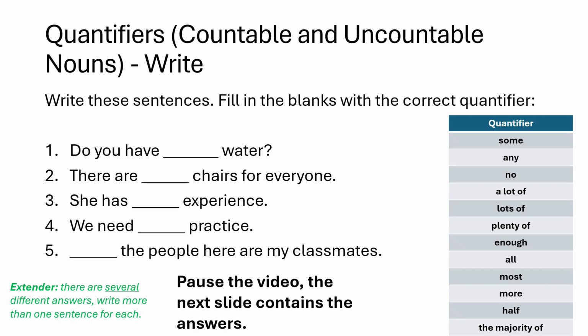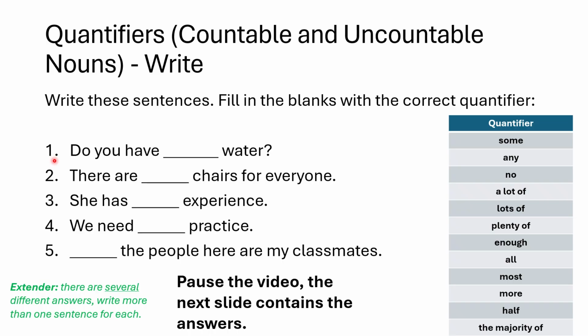Write these sentences. Fill in the blanks with the correct quantifier. Your quantifier options are some, any, no, a lot of, lots of, plenty of, enough, all, most, more, half, the majority of.